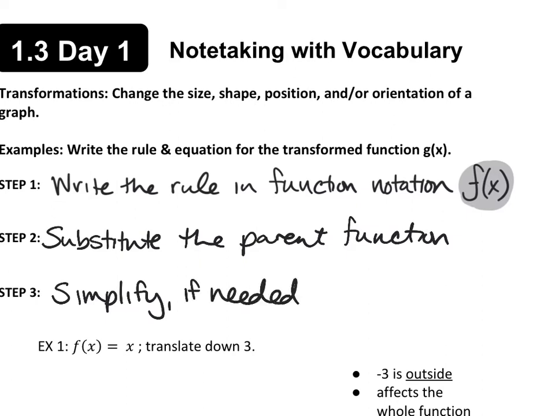Today, we may not have to simplify very much, but next time we probably will. So we're going to write the rule in function notation, then just plug back in the parent function, which today is going to be absolute value of x, if that's helpful for you to write there. And then we're going to simplify if we need to, because we're writing the equations this time, not just graphing and seeing what happened and talking about vocabulary. We're doing the equation writing.